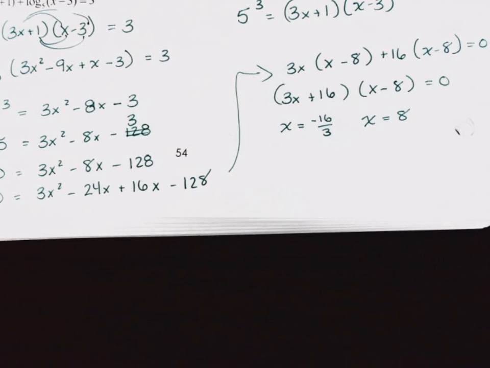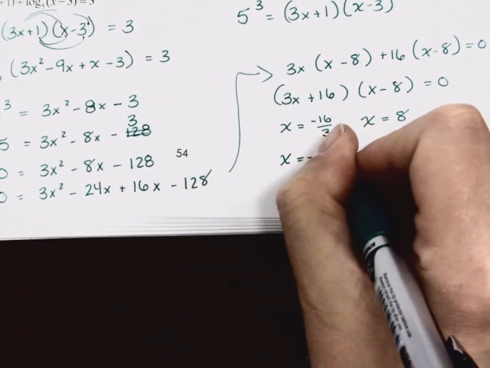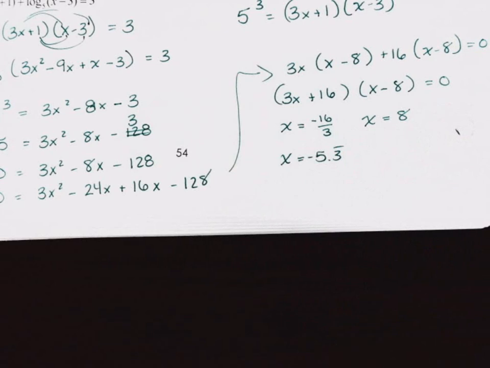So the check here is, what is negative 16 divided by 3? Negative 5 1/3, negative 5.3 repeating. When you go to check it in there, are my arguments positive or negative? Do I need to be exact? All you really need to know is whether they're positive or negative.